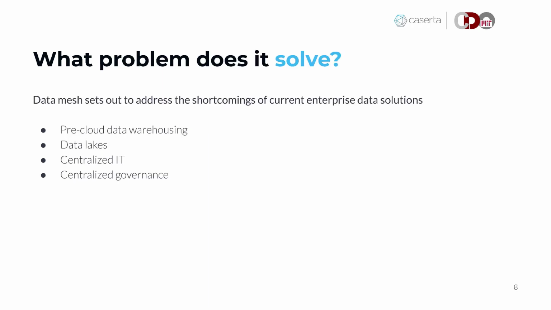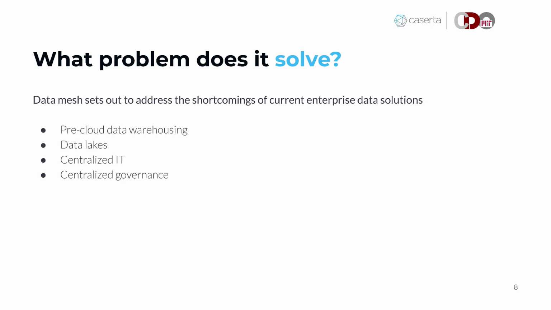So what problem does it solve? After listening to Zhamak many times, I'm going to put myself out there and say this. It's really unfortunate. It sounds like her experience with her clients, she's walked into some really bad data warehouse implementations.